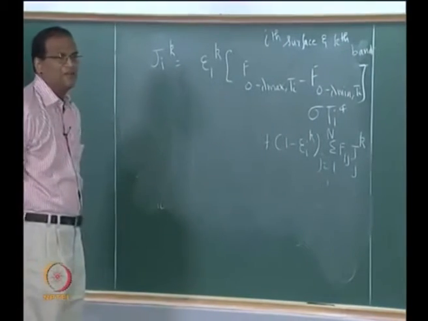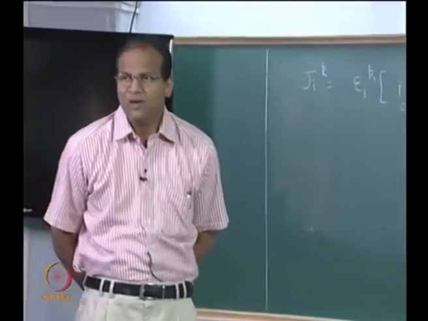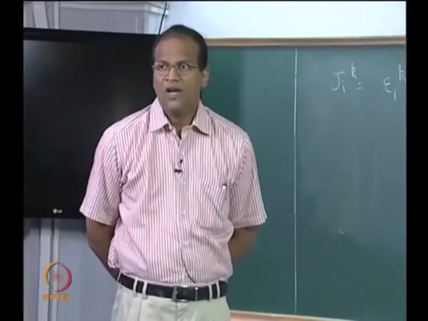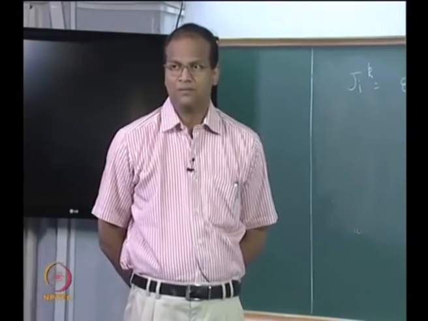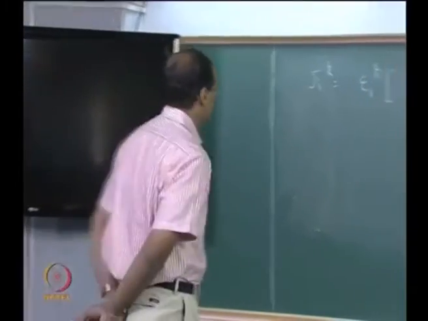Here i is varying between 1 and 2, k is also varying between 1 and 2. We will have only 4 equations; 2 sets of equations can be simultaneously solved to get J11 and J21. Second set of equations, are you getting the point?